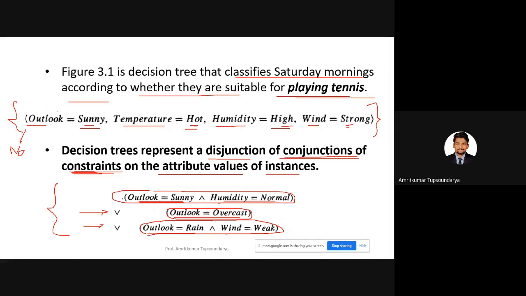So this whole thing can be put in a single line: conjunction 1, C1, which is disjuncted with conjunction 2 and then again disjuncted with conjunction 3, right? So our C1 is this, C2 is this, and C3 is this. So you can see that the decision tree represents a disjunction of conjunctions of the constraints on the attribute values of the instances that we provide.